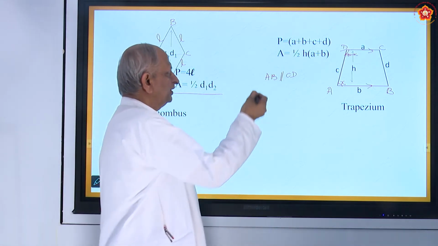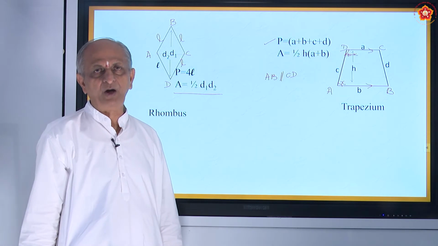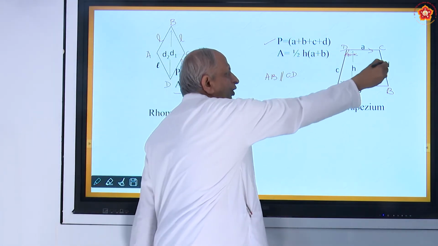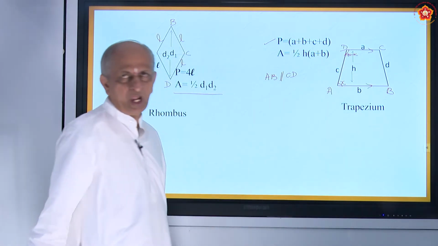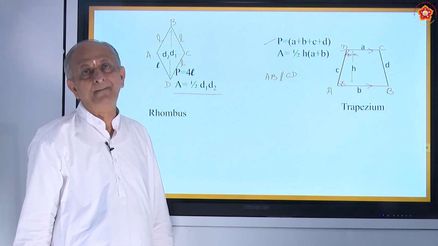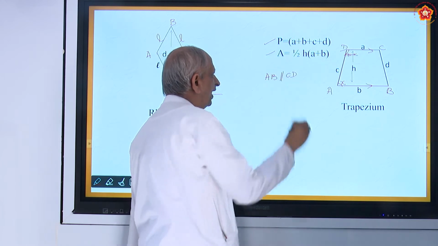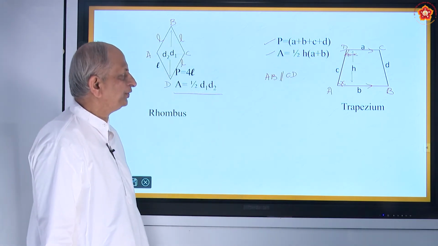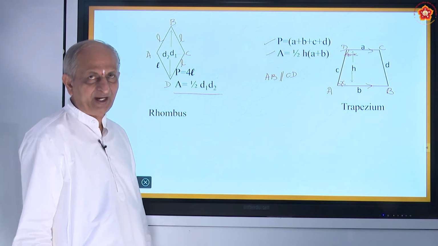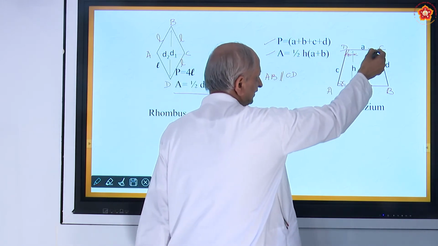So in a trapezium the perimeter is given by the formula sum of all the sides, and if the non-parallel sides are equal we call it an isosceles trapezium. Okay, and area is given by the formula half h into a plus b, and you may ask how you get it. That is a different case, we already studied in 8th class.